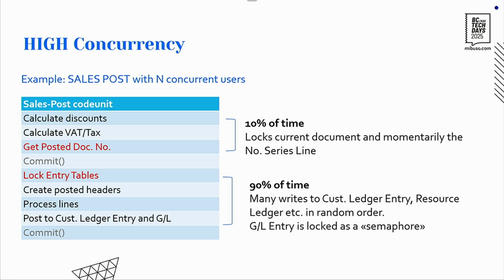And then the long part of the time is spent on writing: writing on the ledger entry tables, the rest of the ledger entries, something like that. And then it also places a lock on the GL entry table. We use it as a semaphore in order to guarantee the concurrency of the transaction.